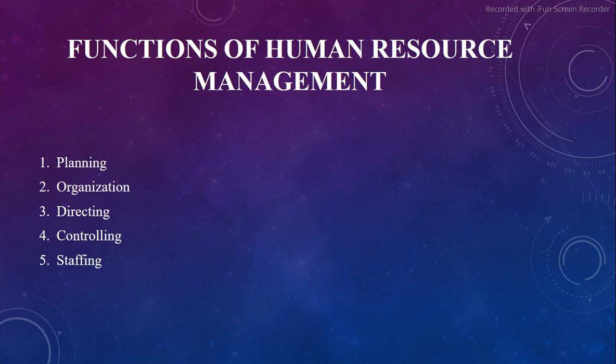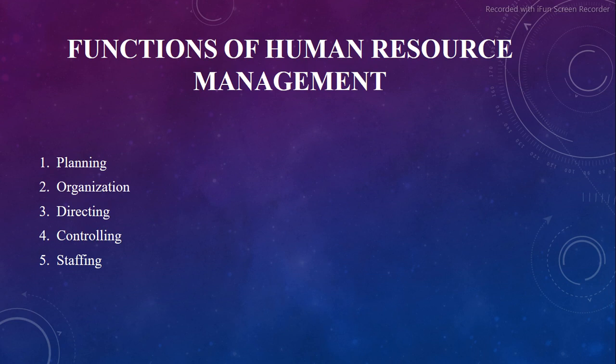We have planning. When we talk of planning, is to forecast and make sure that you plan sufficiently for the resources that you have for the future. We also have organizing. This is to put all the things in order, the human resources and all other resources in the organization, such as machines. We also have directing.